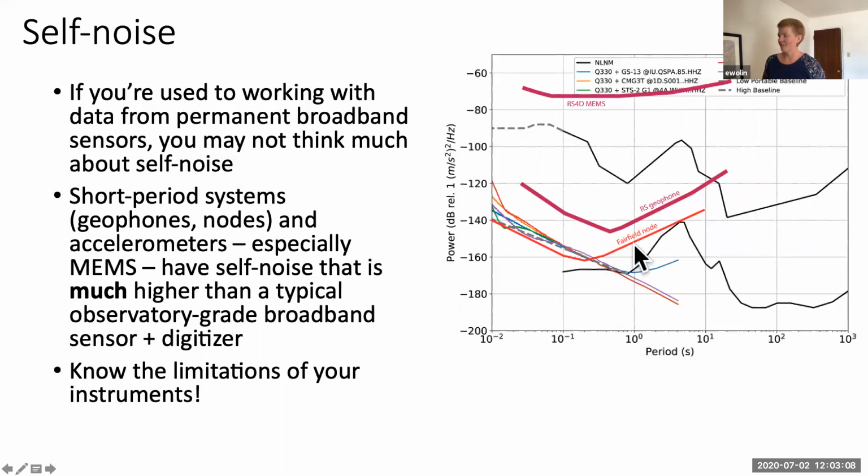If you're looking at background noise at a quiet site at periods of a few seconds, the self noise of that system may be similar to or even above the ambient noise at your site. And so you will only be recording basically the noise of your instrument system and not anything physically meaningful about the Earth. So if you are interested in using nodes for different applications than the high frequency exploration they were originally developed for, it's really important to know their limitations.